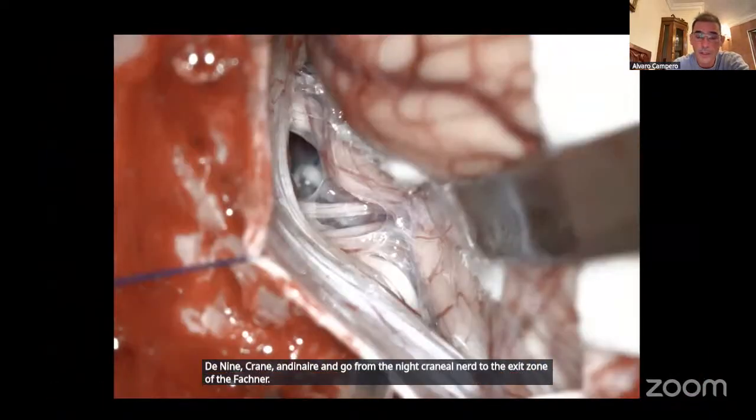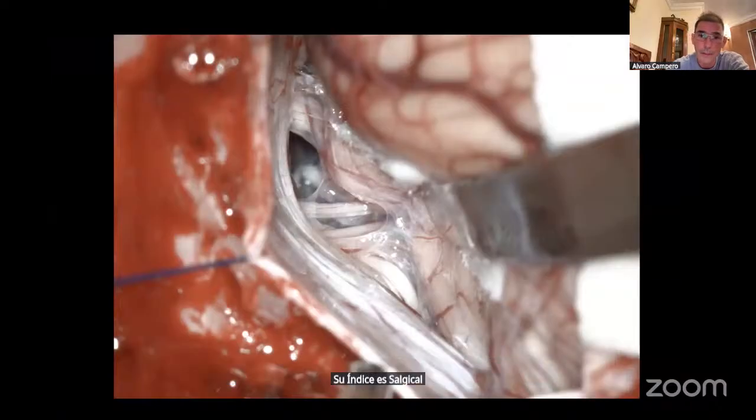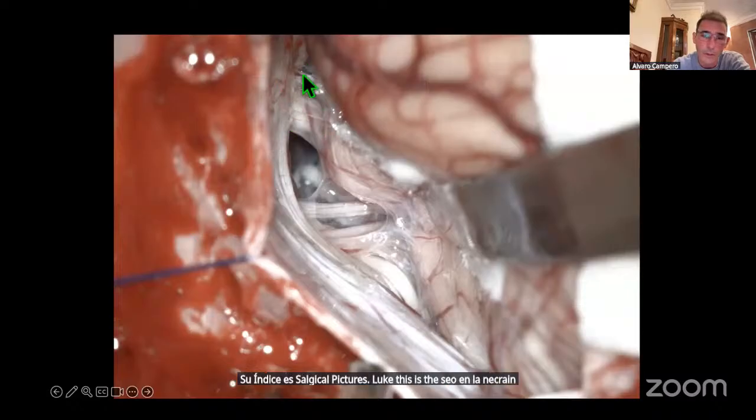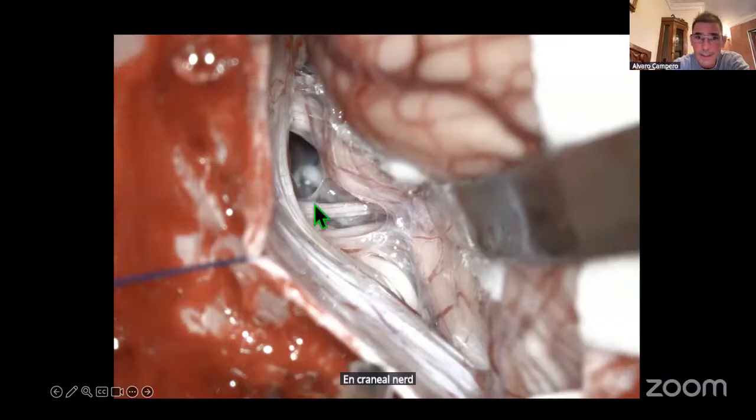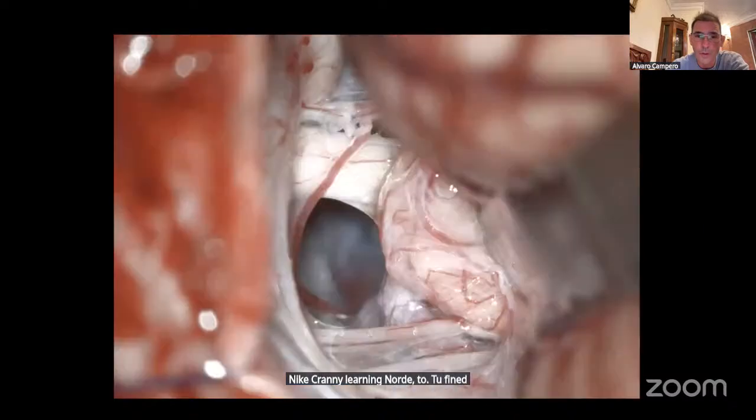So in these surgical pictures, look, this is the 7th and 8th cranial nerve. We never go directly to the 7th and 8th cranial nerve. We find the lower cranial nerves, cut the arachnoid, and follow the 9th cranial nerve in order to find the exit zone of the facial nerve.